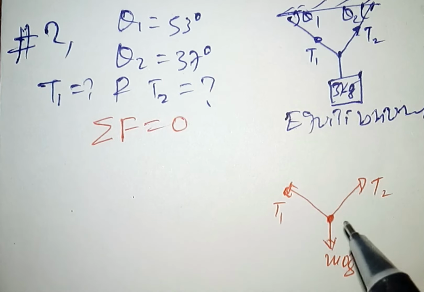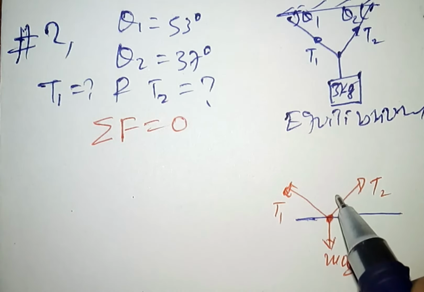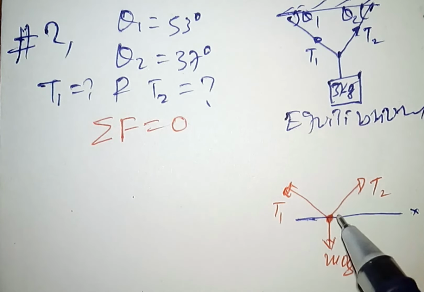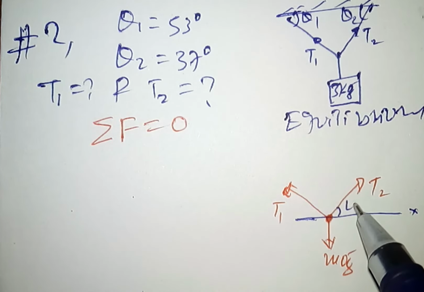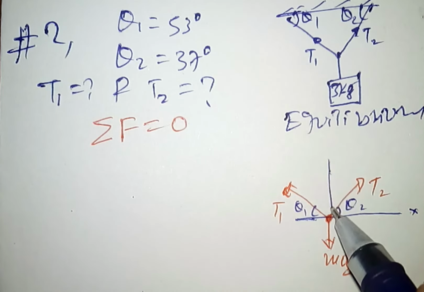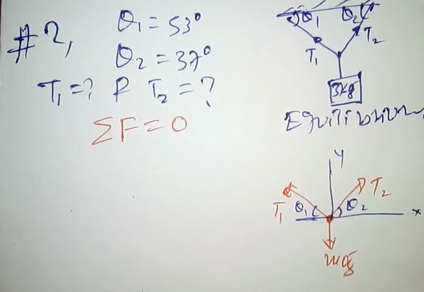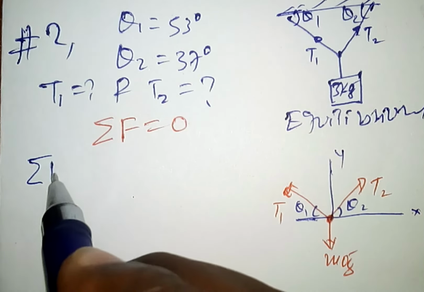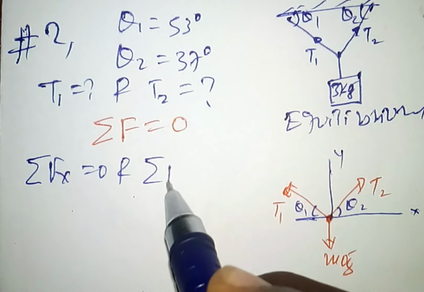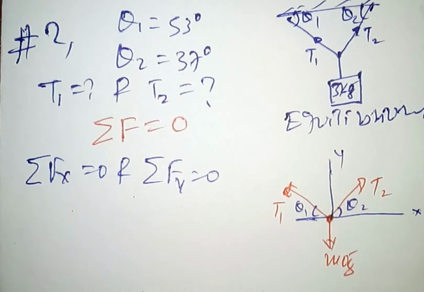Then if we draw the free body diagram along the x and y axes, this is the x axis, and this one is theta 2, and this is theta 1, and this one we can say is the y axis. So the sum of all the forces acting along the x axis is equal to 0, and the sum of all the forces along the y axis is also 0.